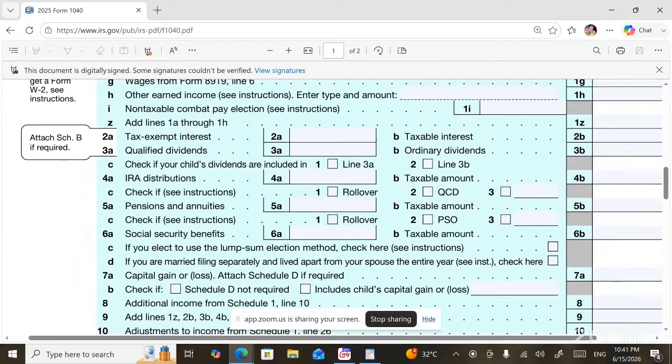Here, we have the schedule B. For line number 2A, 3A purposes, we are using schedule B. Let me first give just an overview about the schedules which are useful throughout our course.